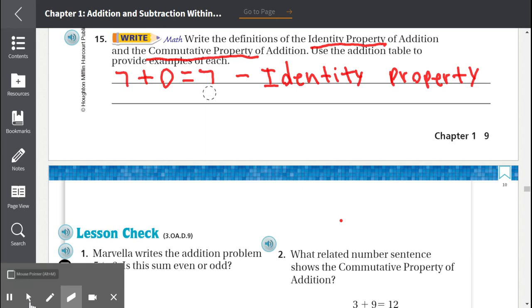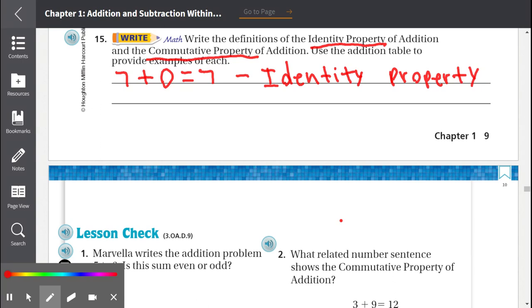Now we have to find a definition of the commutative property. So the commutative property is when you add two or more numbers. So the commutative property states that you can add two or more numbers in any order and get the same sum.